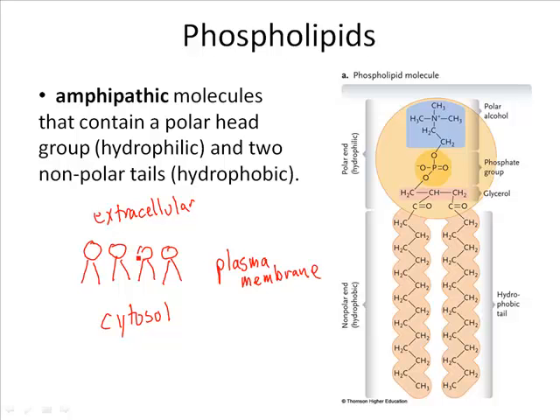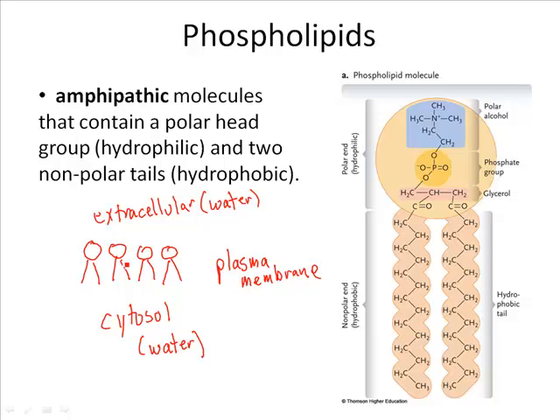That's right, there's no way these phospholipids can arrange in a linear fashion. The reason is this. If you look at the cytosol, a cytosol is made mostly of what molecule? Right, cytosol is made mostly of water. The extracellular environment is made mostly of what? That's right, water.